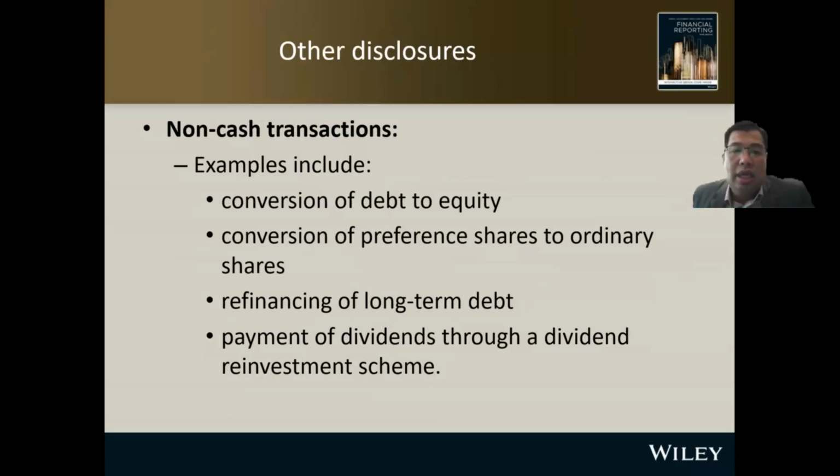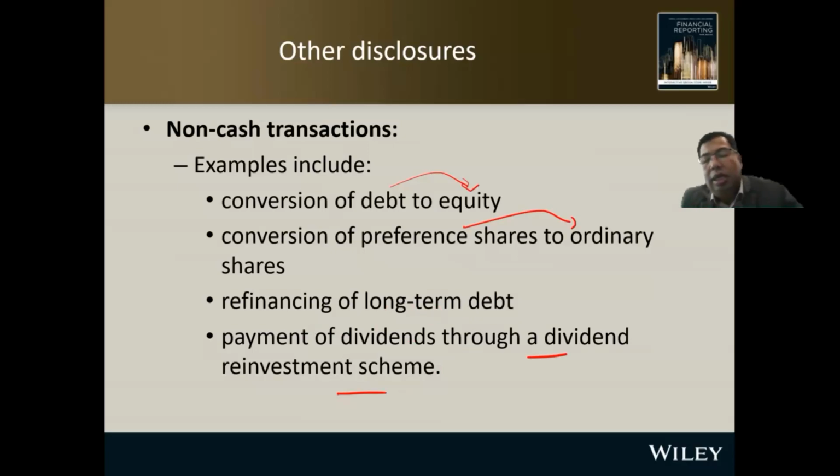Other than that is conversion from debt to equity. Especially when you have convertible debt or convertible bond, you can change that to equity. Conversion from preference shares to ordinary shares, or maybe you refinance your long-term debt to a longer period. Payment of dividend through dividend reinvestment scheme.